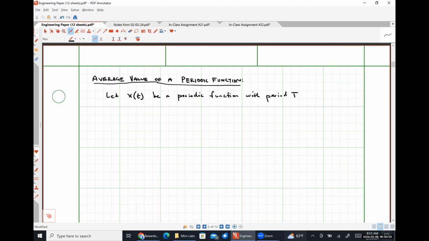It just has to repeat at regular intervals. It just needs to be a periodic function. So we're going to work with things generically, and then we'll circle back around to how the sinusoids behave, okay?